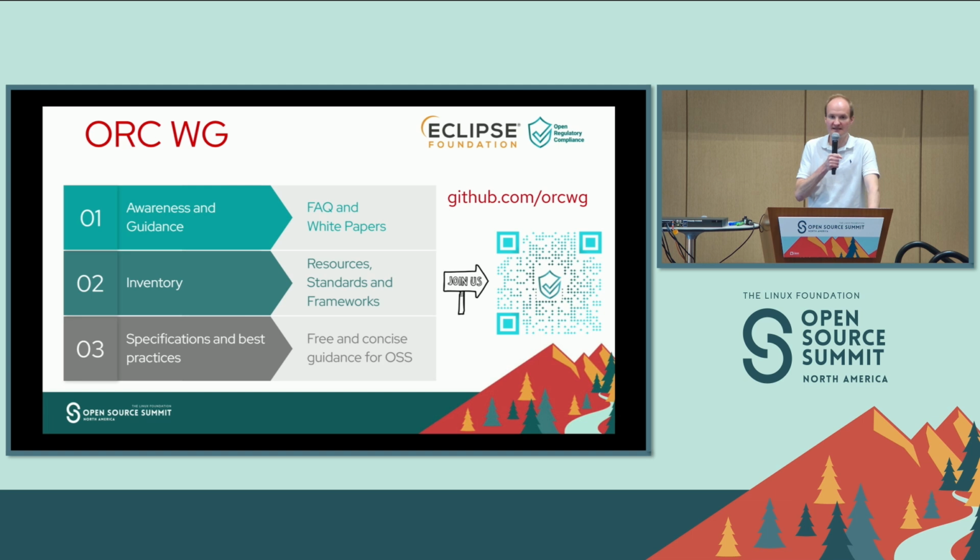Also, this group aims to produce specifications and best practices that would be free and concise guidance for open source software, which is critically important because some of the standards that I mentioned previously are going to be behind the paywall, as they usually are, right? For manufacturers, it's probably doable to get access to these standards, but for the open source community, it could be a problem.